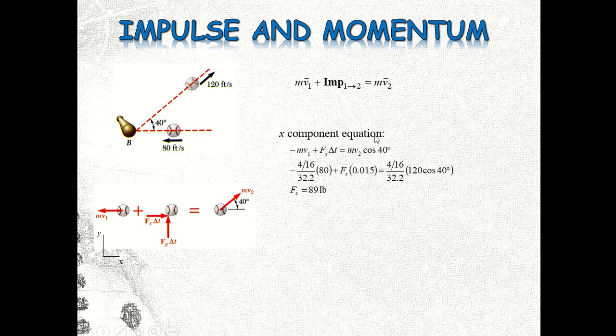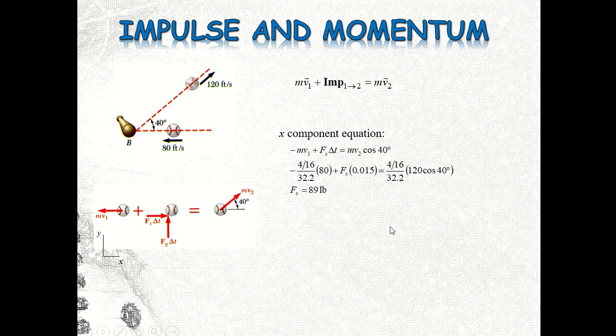So considering the x component equation, we have the negative of mv1 plus F of x, the x component of the force going to the right due to the impact of the bat, equal to m multiplied by v sub 2, the velocity here, and then cosine of 40 degrees. We have an angle here, so to solve for the x component of the force due to the batting, we have to use the cosine.